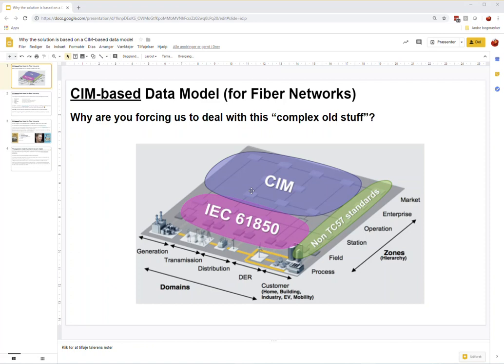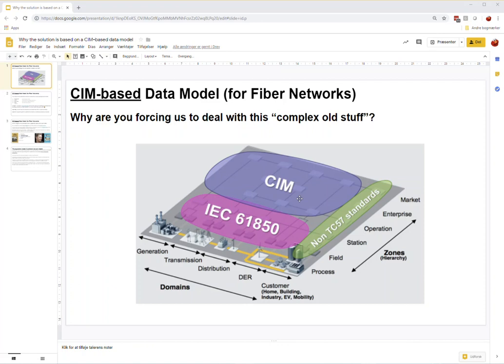They had great difficulty integrating these systems with each other. They had difficulties getting rid of old systems and buying new ones, because they were very closed, like black boxes that have their own data models and so forth. So they started to create the CIM model.